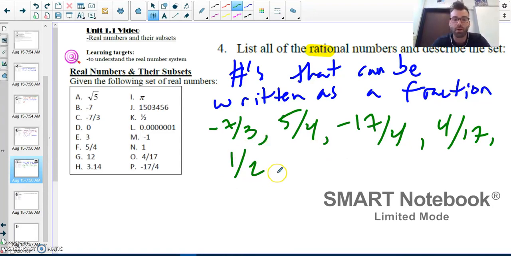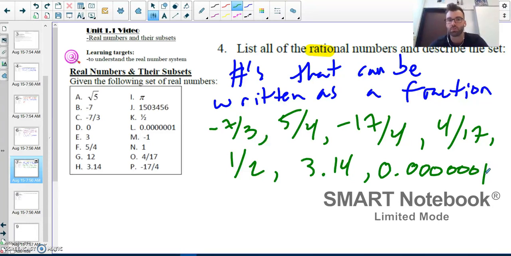I'm also going to include 3.14 and 0.01231. Now you're thinking, whoa, what?